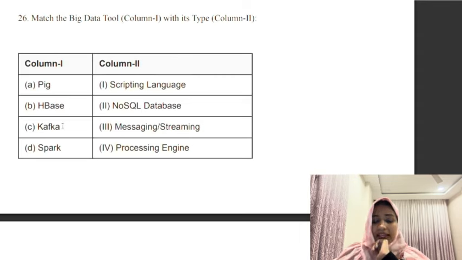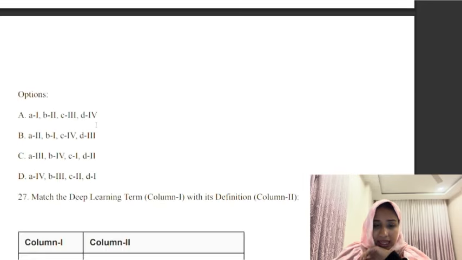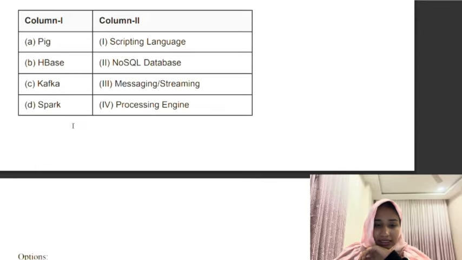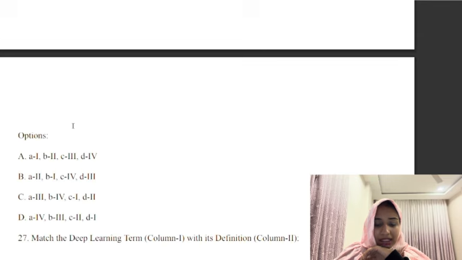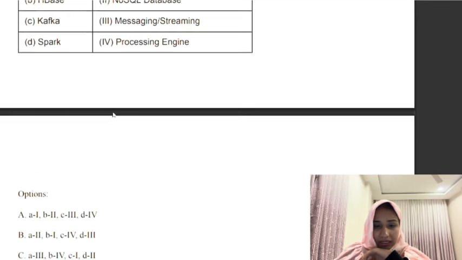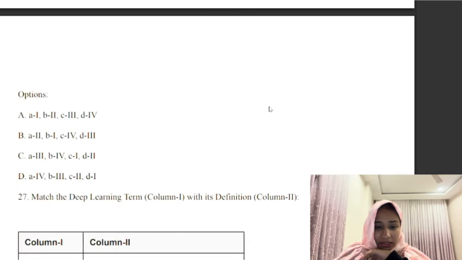So Pig, HBase, Kafka, Spark, and column 2 contains scripting language, NoSQL database, messaging or streaming and processing engine. And the options are given the same as you can see on the screen. And the answer is option A, which is matched with the respective. It is written in the respective manner only.